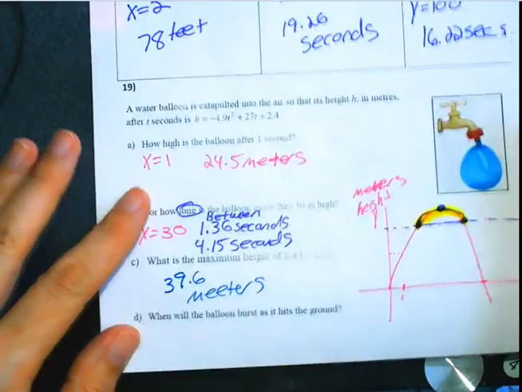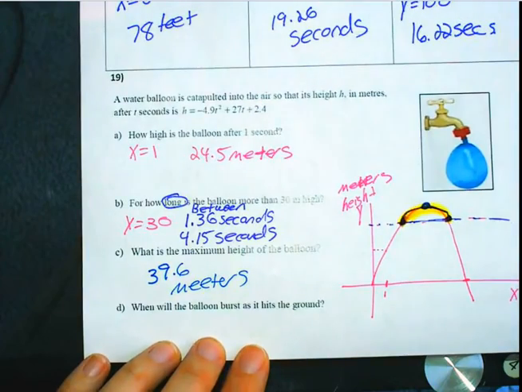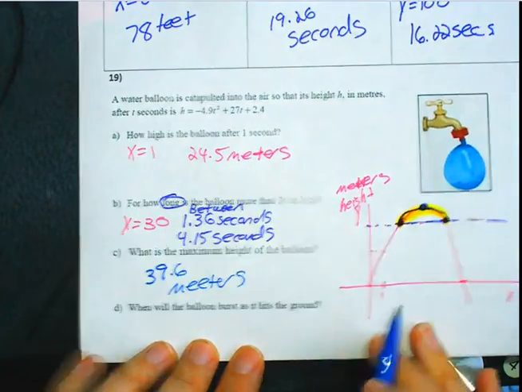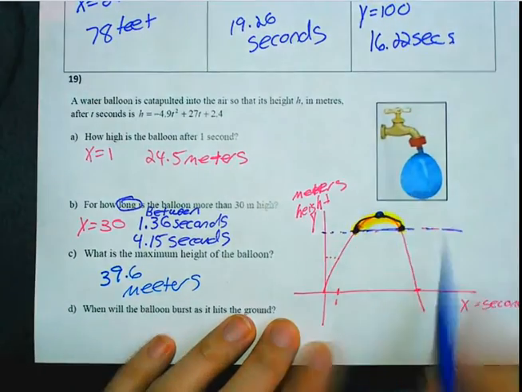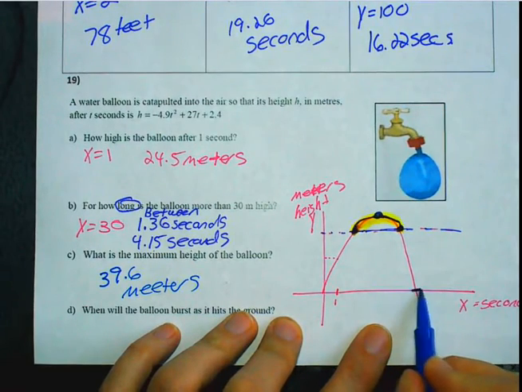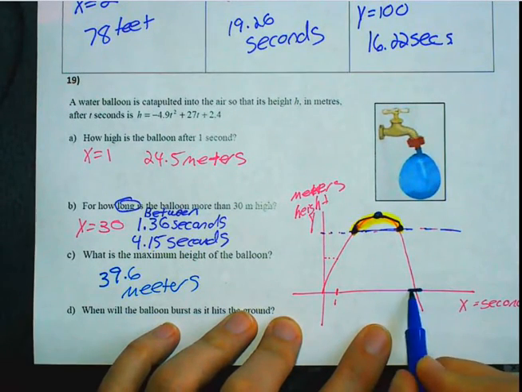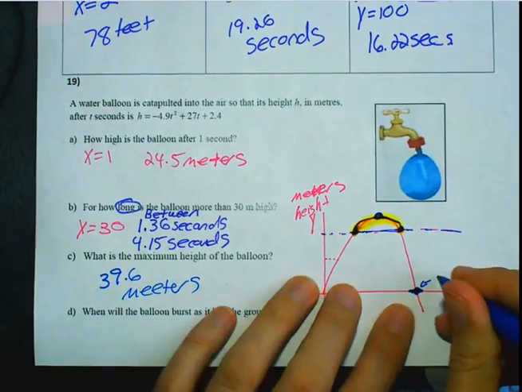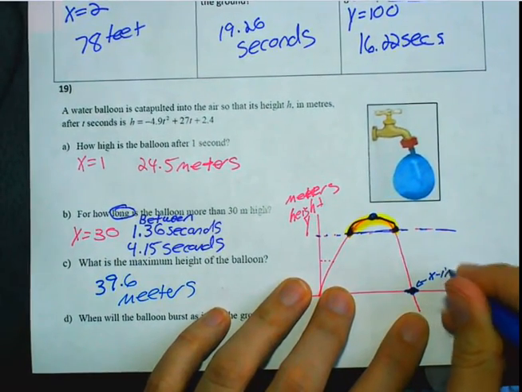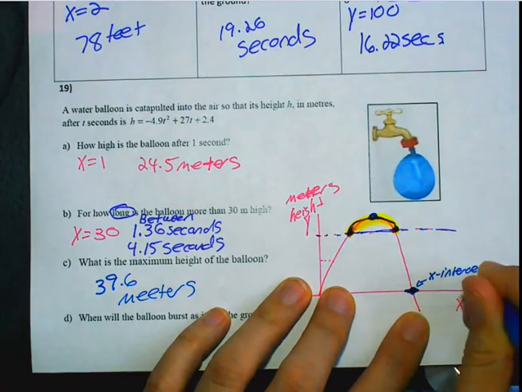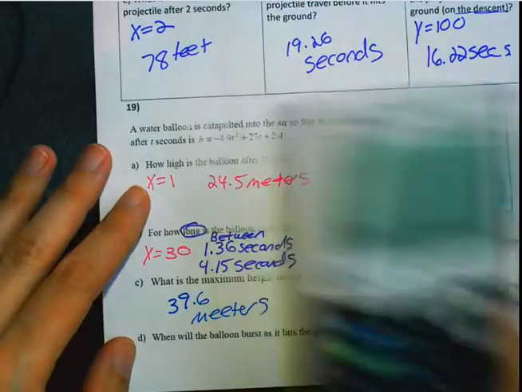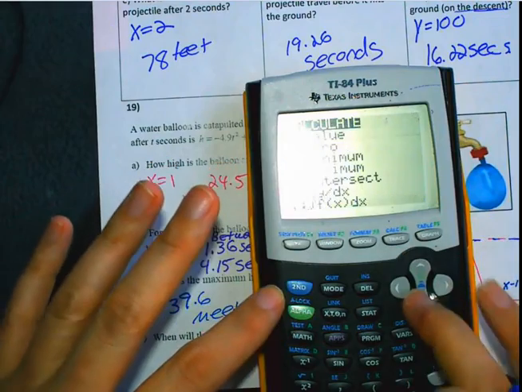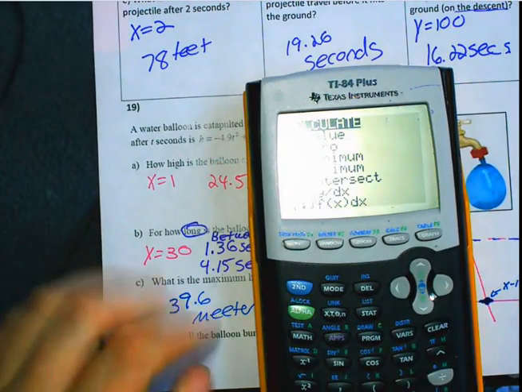And then the last one is, when will the balloon burst as it hits the ground? Okay, so we know that this represents the height, so over here would be height 0, so it's going to hit back at the ground. So I want to know how many seconds this is. Well, you can see that that is the x-intercept. And I know that the calculator will let me know that as well. So second calc, 0 is for x-intercept.